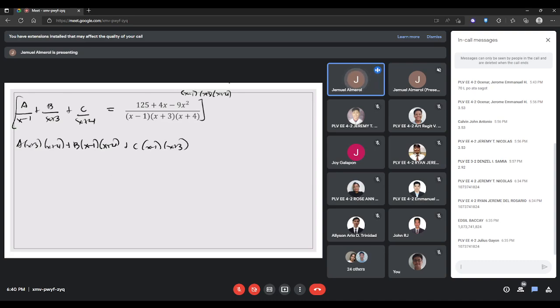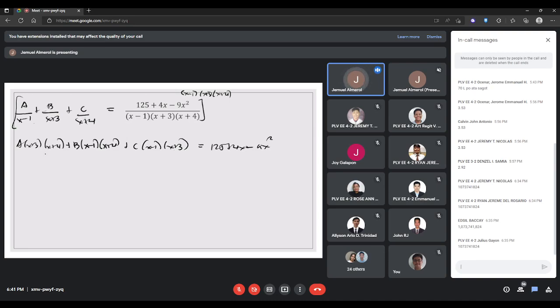Kahit hindi ko tingnan yung LCD eh. Kung ano yung nasa kanya, yung naiwan, yun yung mapupunta kay A. Kay B, ito yung nasa kanya, yung maiiwan, mapupunta kay B. Kay C, ito yung nasa kanya. Okay? That would be equal to 125 plus 4x minus 9x.